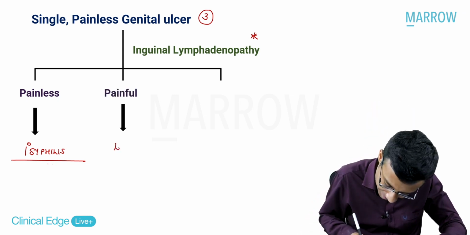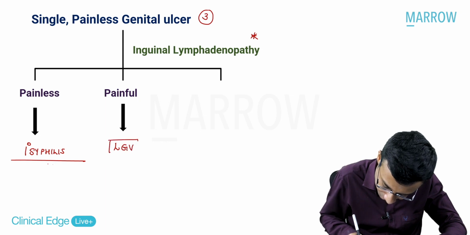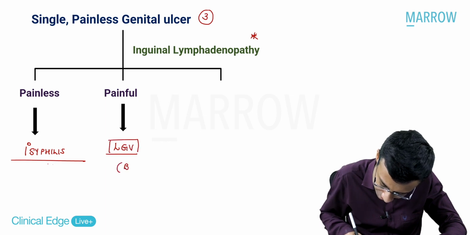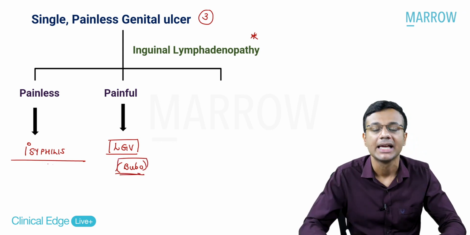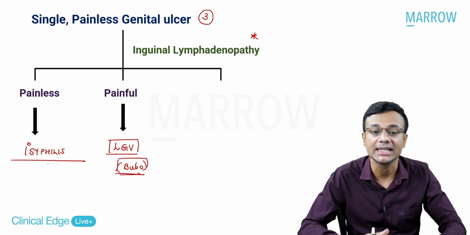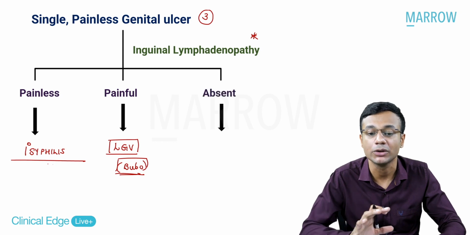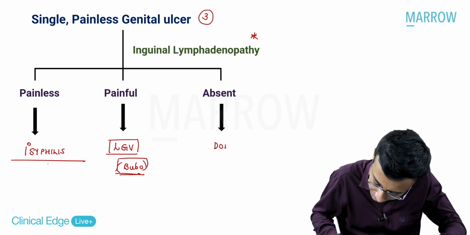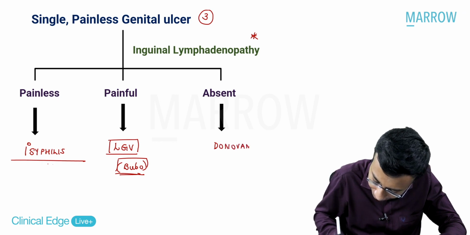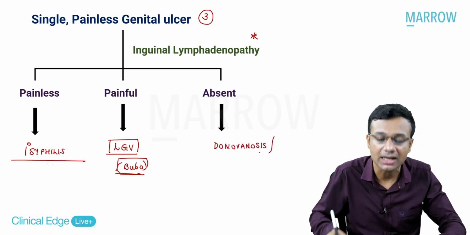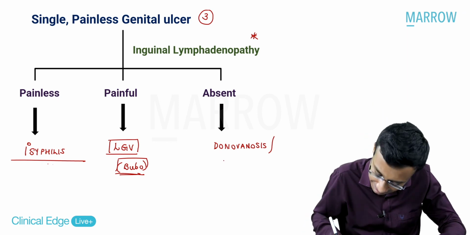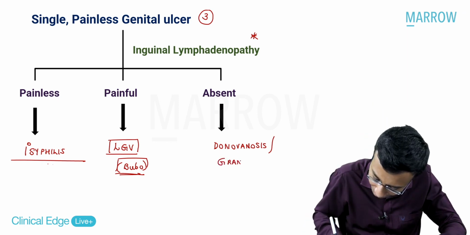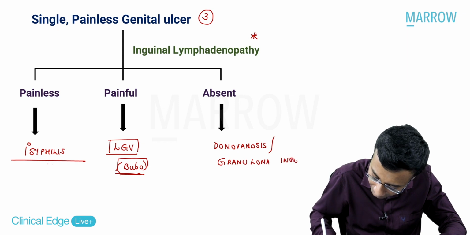Then I'm going to be marking as lymphogranuloma venereum, where you also get something known as a bubo, which is a suppurative lymph node. And if the question says there's a single painless genital ulcer with no inguinal lymph nodes involved, then I will mark my diagnosis as donovanosis. Now please remember students, the other name for donovanosis is granuloma inguinale.